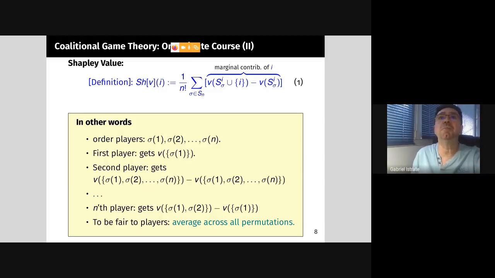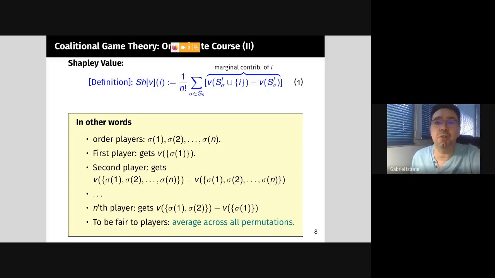And to make this fair, you have to average this scheme of each player getting its marginal contribution, that is the difference between how much the coalition before the player plus him got minus the cost of what the players before got. And you have to average over all possible permutations of the players. So this is the Shapley value.